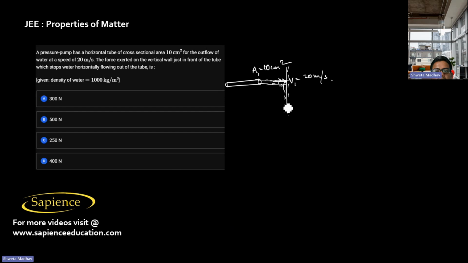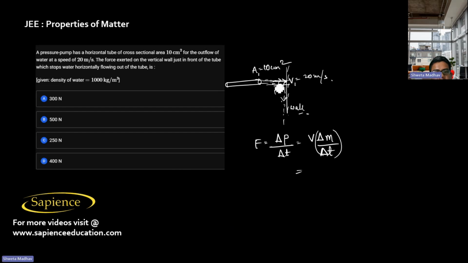So it means the water will just flow downwards after hitting this vertical wall. Then how much force is exerted by the wall? So the force that is exerted is obviously equal to change in momentum by time interval. So the momentum I can say is equal to V into delta M by delta T. So that's why here mass change per unit time.